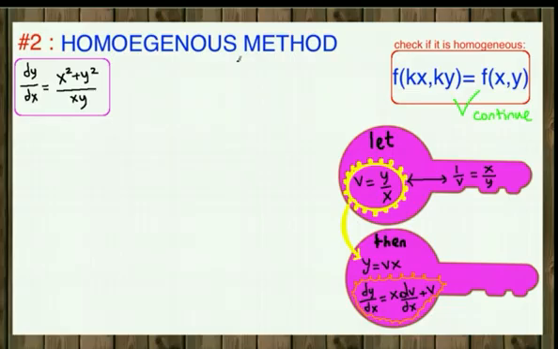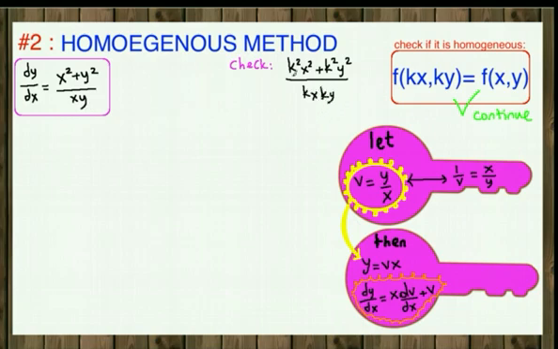First, we need to check if it is homogeneous or not. So we will replace x with kx. So x squared will be k squared x squared, plus y squared will be k squared y squared, all over, instead of x, again we're going to write kx, and instead of y, we're going to write ky.